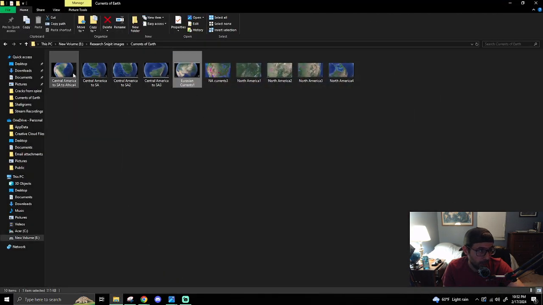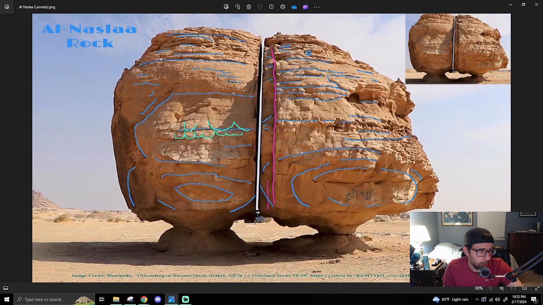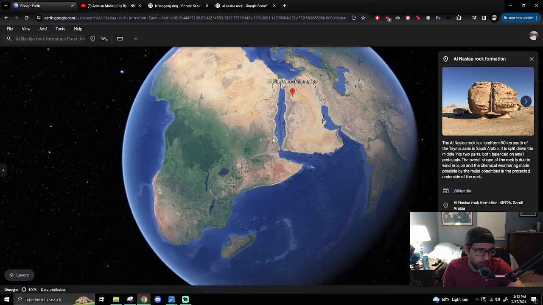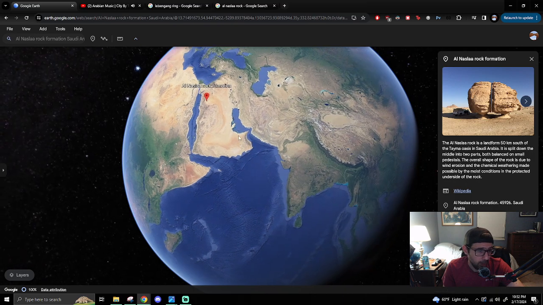If we look at this, although I'm not sure if this purple or whatever is right. I'm not sure about that one. But they're running into this and maybe bending it over there. And then this one goes over this way.